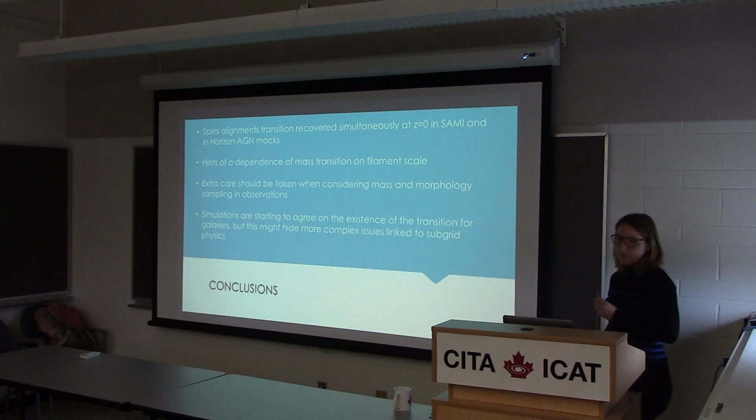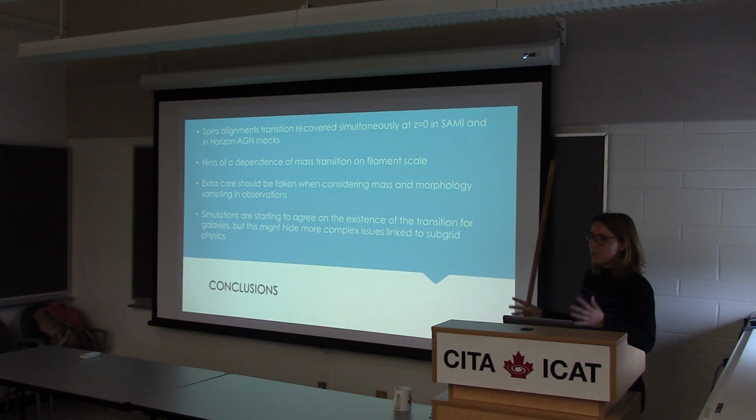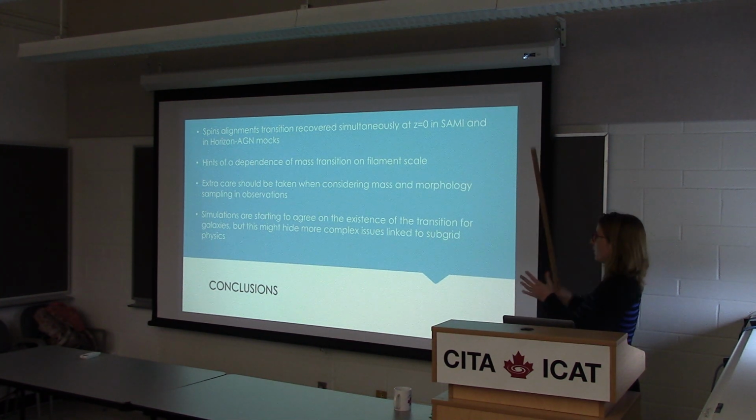So in conclusion, we recover a spin alignment transition at z equals 0 in an integral field spectroscopy survey and in big hydrodynamical simulations simultaneously, with exactly the same method in both cases. We find hints of a dependence of the mass transition on filament scale, which is expected from theory and simulation.